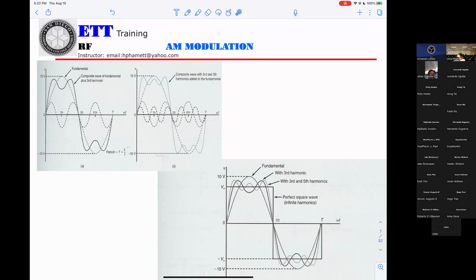And now, before we move on, I want to know the bandwidth. What is the definition for the bandwidth? F2 minus F1. Okay.